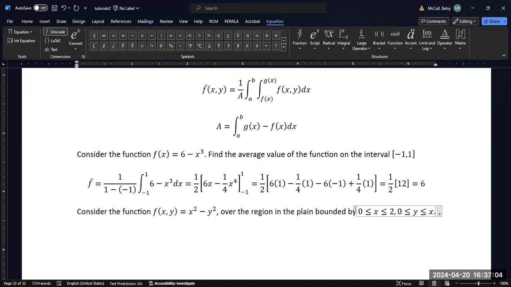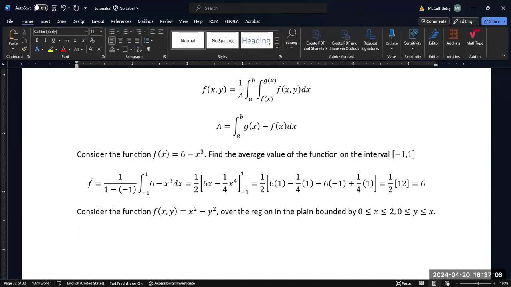So the region in the plane that we're talking about here is essentially a triangular region. It's 0 to 2 wide in the x direction. The top function is y equals x. And so this will be a triangle.